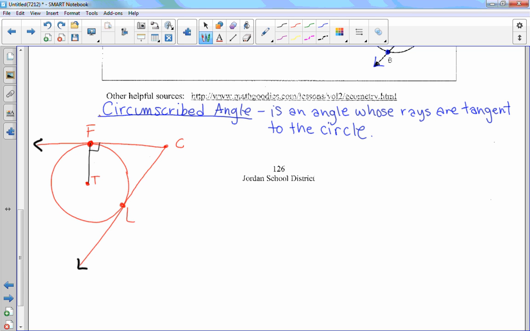So, 90 degrees, perpendicular, same with CL, 90 degrees. You know that with tangent lines, you have perpendicular intersections at the point of tangency. Something else interesting that happens is this segment F to C will be congruent to the other segment C to L.